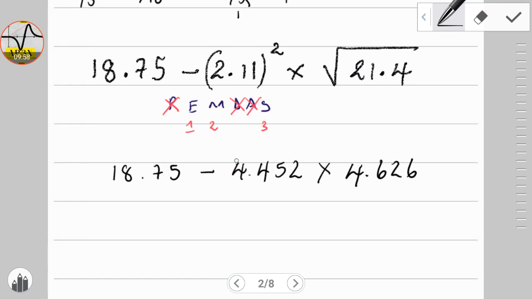So then here is where a couple of my students got caught. You actually went ahead and subtracted the 4.452 from the 18.75, and that's where you all went wrong. Here's where you have to remember that multiplication comes next. So that is 18.75 minus the product of these two. So that's going to be 4.626 multiplied by 4.452.